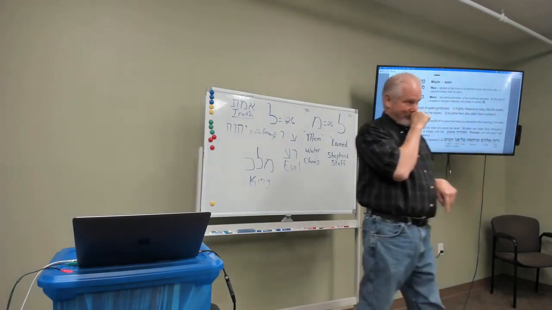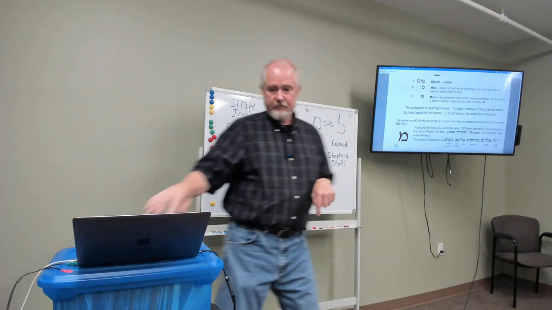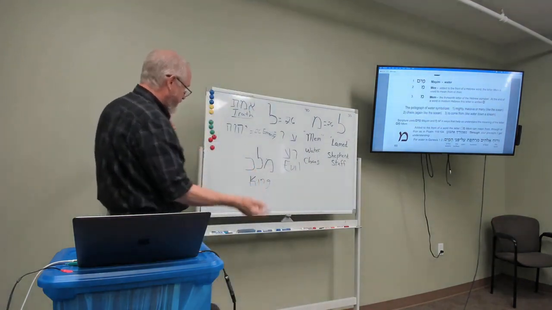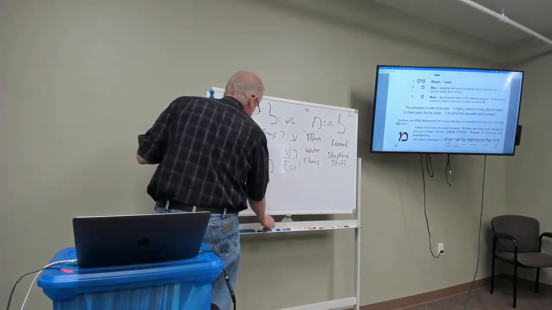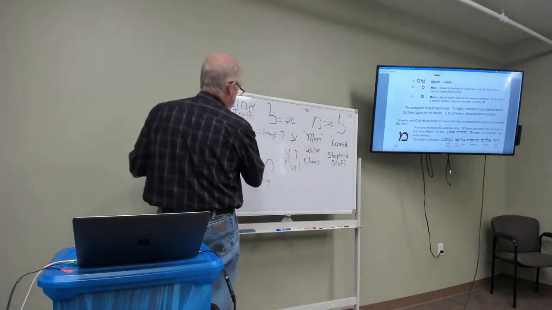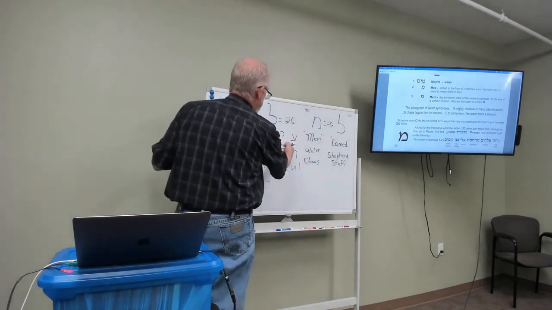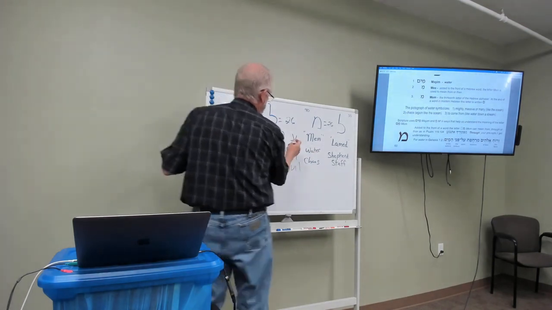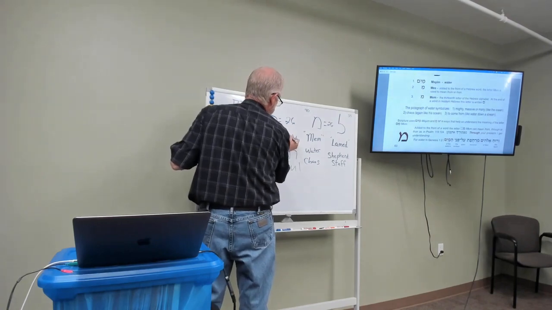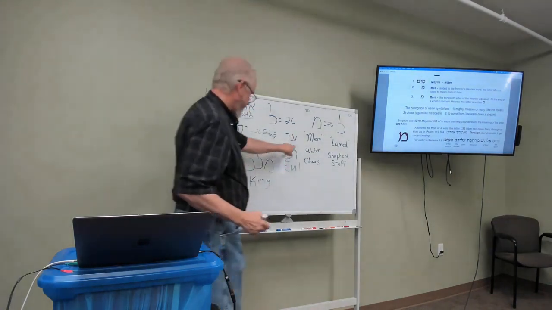I just had a question about one of the symbols you wrote up there. Is that a letter that's part of the guardian angel, the symbol to the right? Go back. Where are we at? Right there, to the right. What is that? Resh? Ayin?